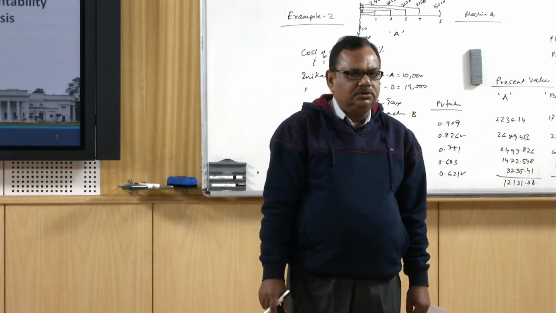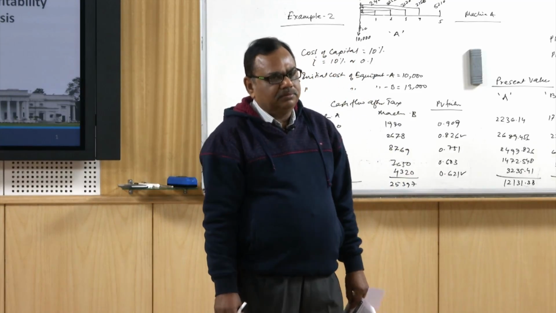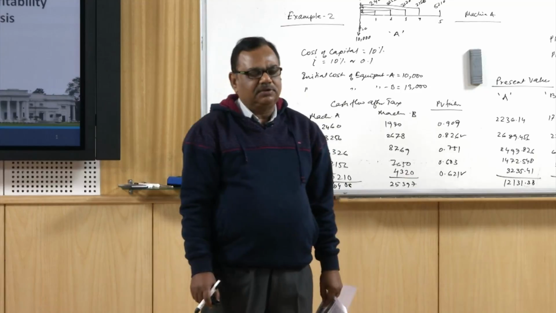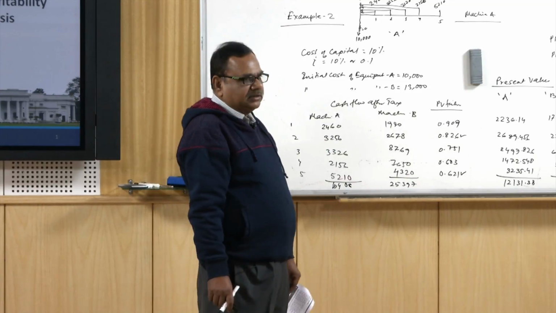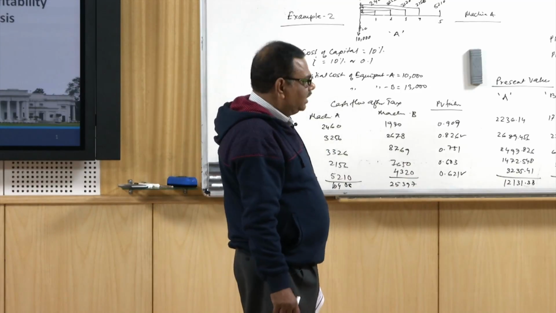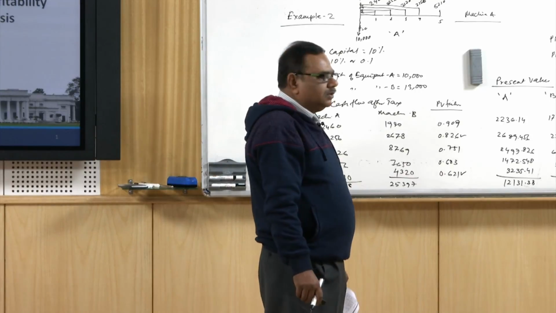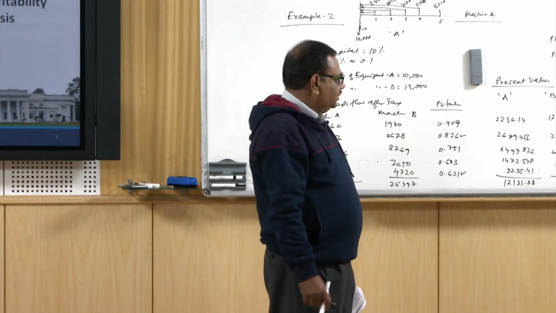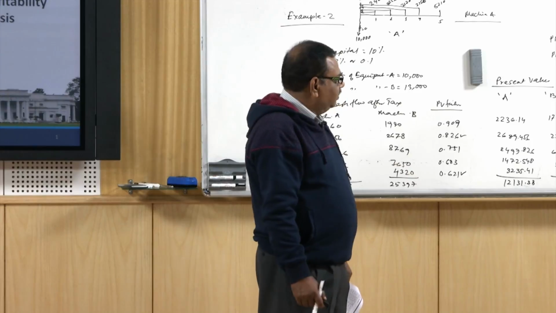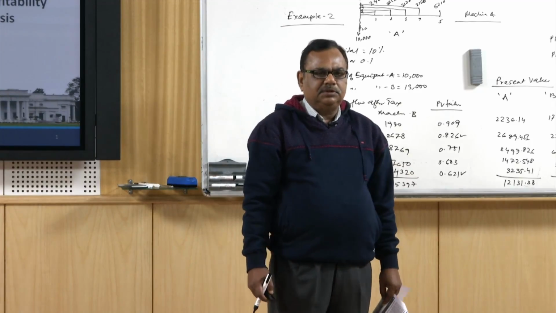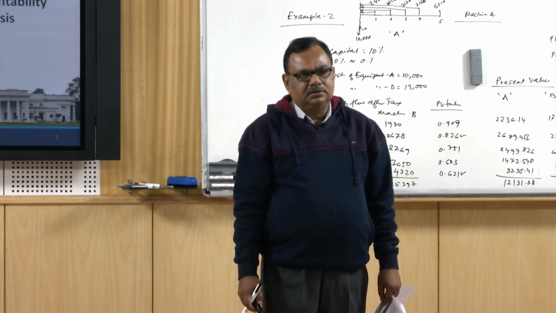We have also solved a problem using the net present value method and payback method, and we saw that if the net present value of the cash flows is used, then the PB of the machines increases. Thank you.